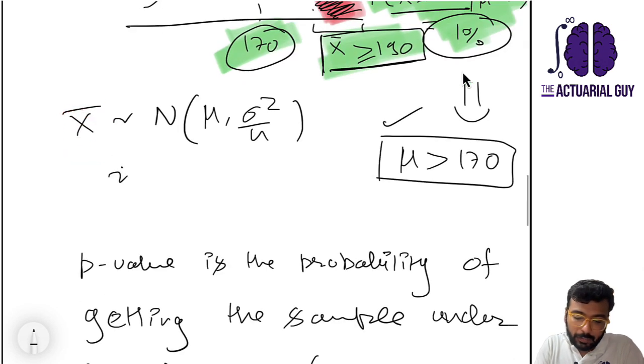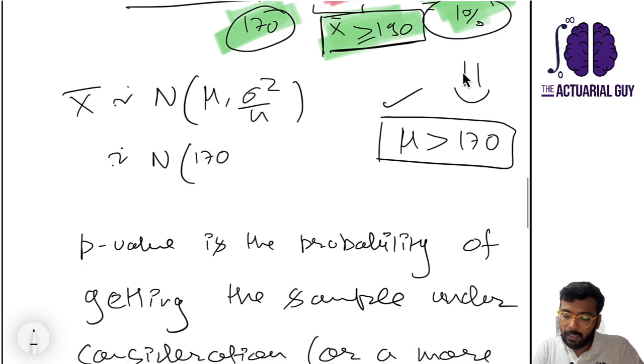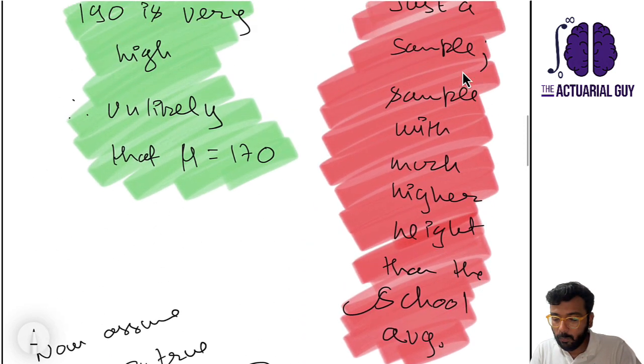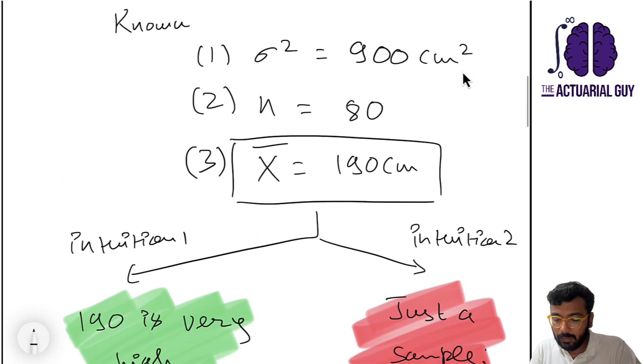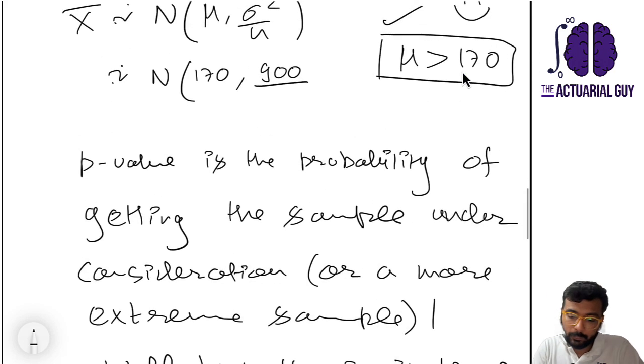So in this case, x bar has an approximately normal distribution with mean mu, so that will be 170, and variance sigma square, which is given as 900, divided by n. What is n? n is 80. So this is what we know.